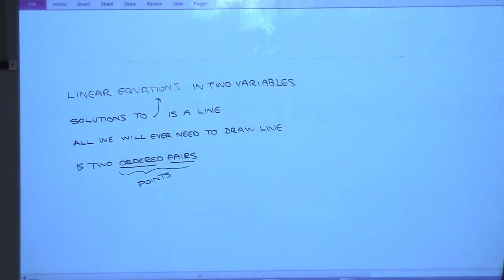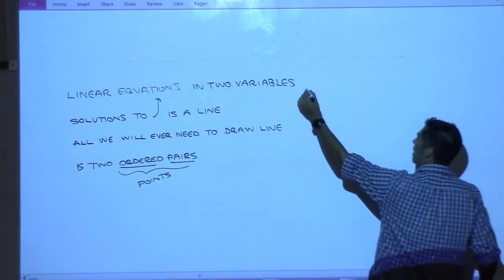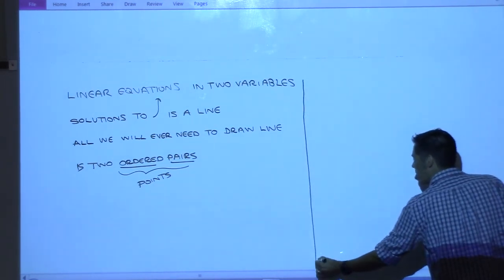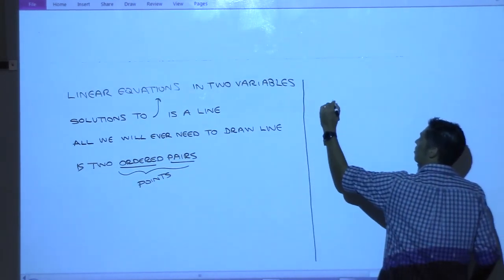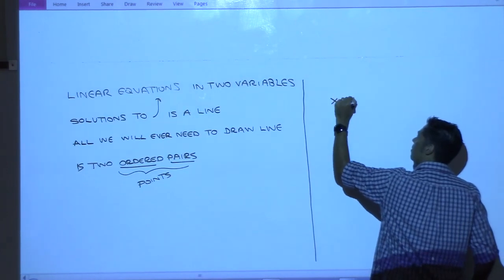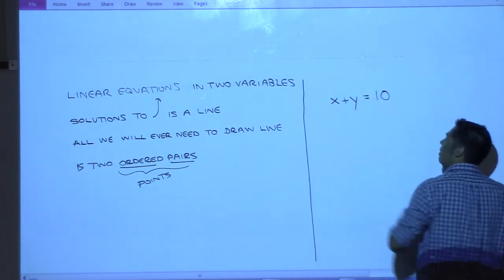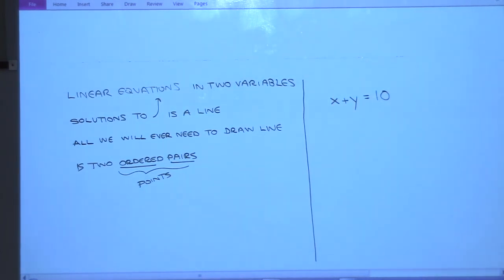Yes? Okay, so let's look at our first example. And let's go back to the one we just did. I know that we've already done it, but I want to show you how we're going to approach this systematically. Okay, we're given a linear equation in 2 variables, and now we want to sketch the line that represents all the answers.